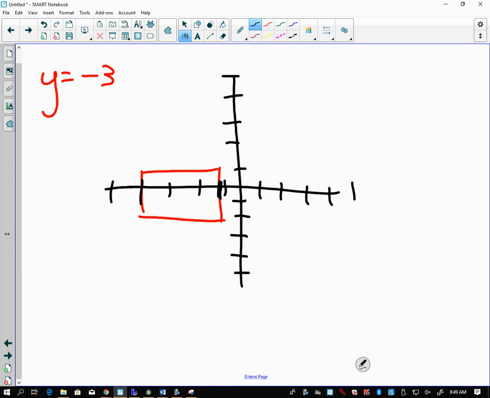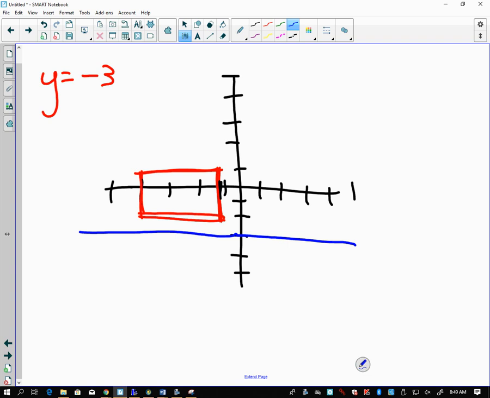So the first thing I want to do with this is I want to identify the line that I'm trying to reflect across. Okay. If I'm reflecting across the line y equals -3, we'll say that this line kind of comes across here, goes up to there. This is what I get whenever I try to hand draw a coordinate plane and put something on it. But this is the line I want to reflect across.